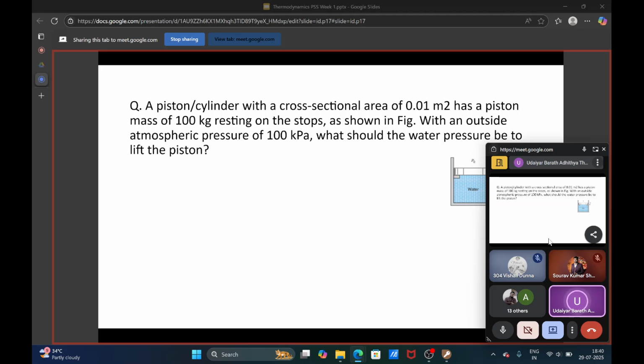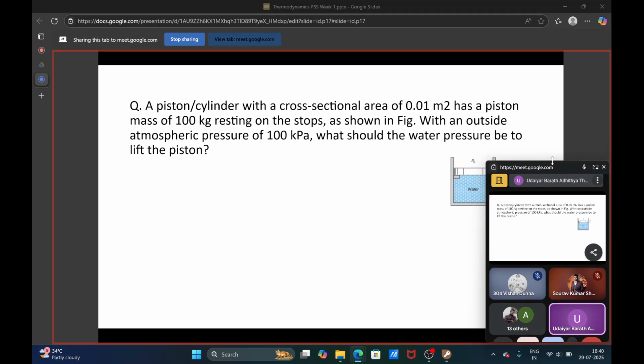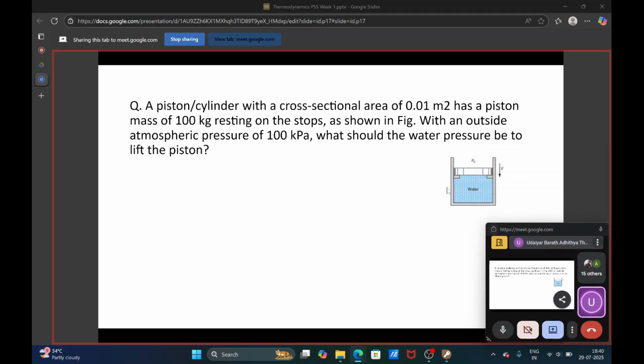Irrespective of fluid, your pressure is the same. Whatever is putting pressure on the piston, the piston is subjected to the same pressure. Let it be water or some other fluid, the piston is subject to the same pressure. So it should not matter what is inside. Your pressure will remain the same, irrespective of fluid.